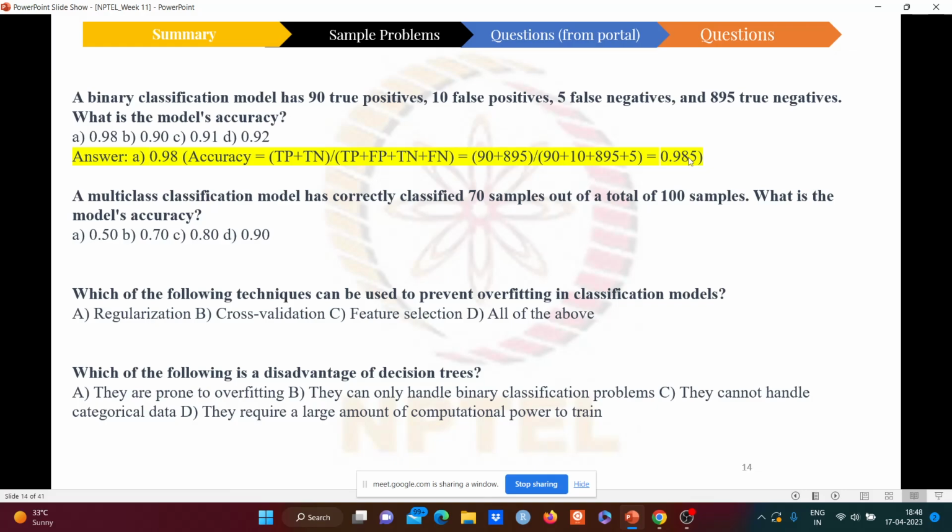Moving forward to the second one: in a multi-class classification model that has correctly classified 70 samples out of 100 samples, what is the model accuracy?